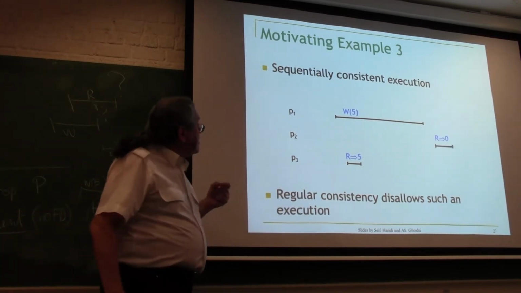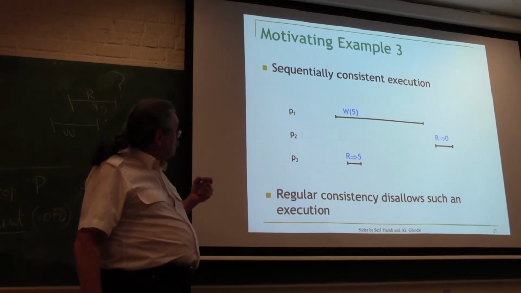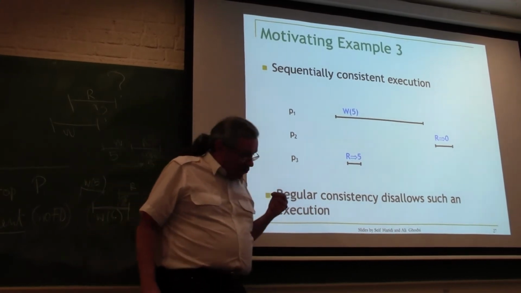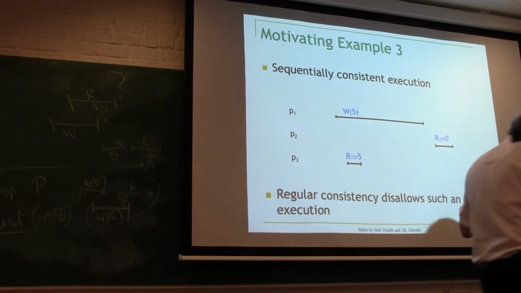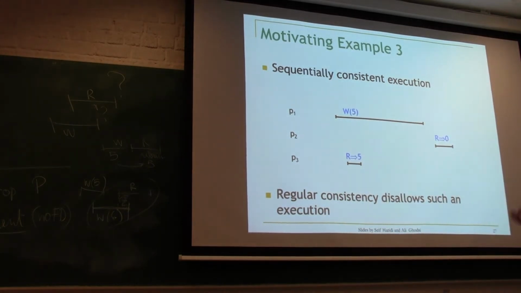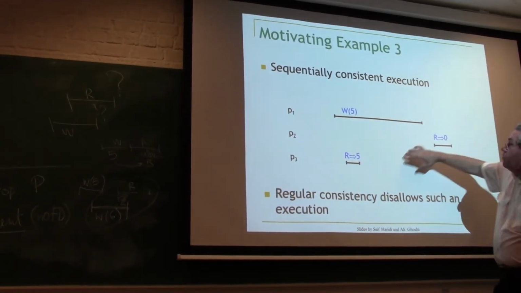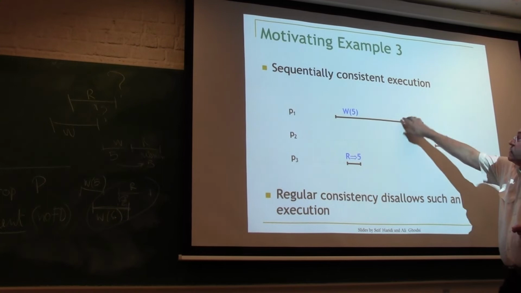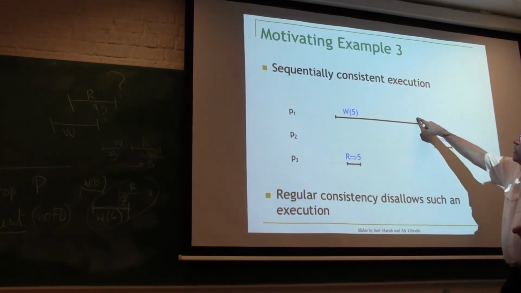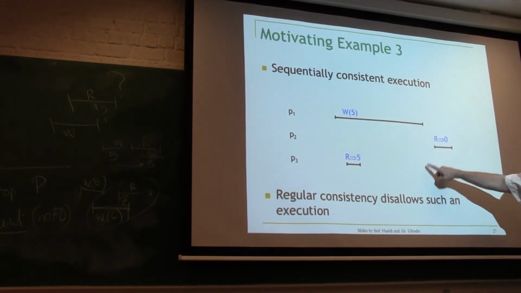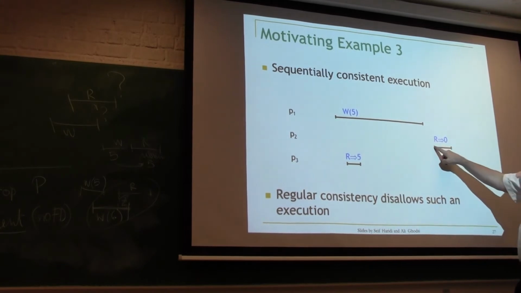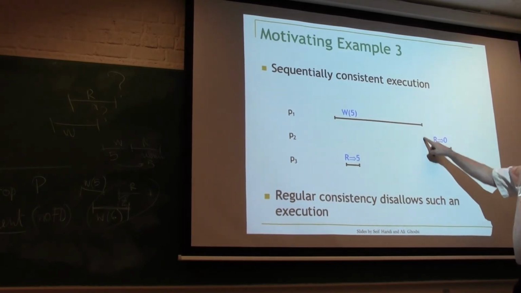Notice that sequential consistency is not stronger than regular. You can have regular be true and sequential be false, and regular be false and sequential be true. Because regular actually looks at the overlap globally. So this is not allowed in regular, because the read here is happening after the end of the write.